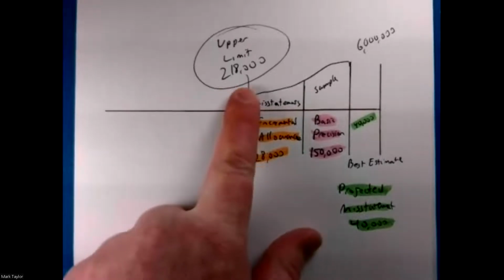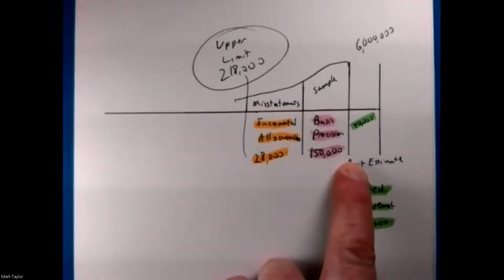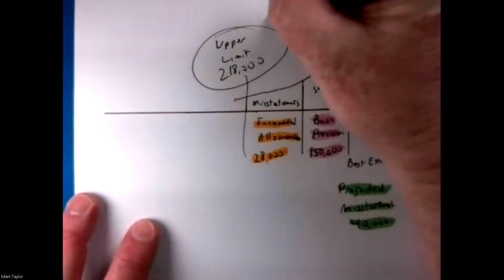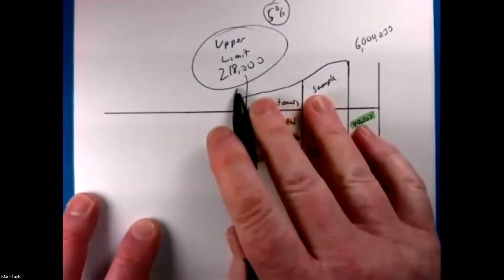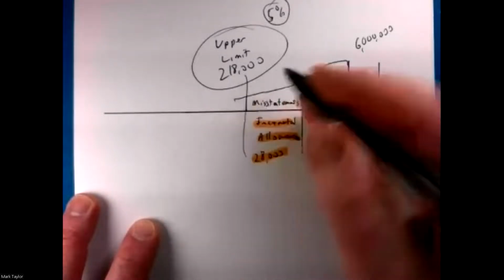We would use this upper limit, 218,000. Our best estimate is off by 40,000, but at the 5% level, we're saying that the upper limit is 218,000. And this is what we would see, is this material?